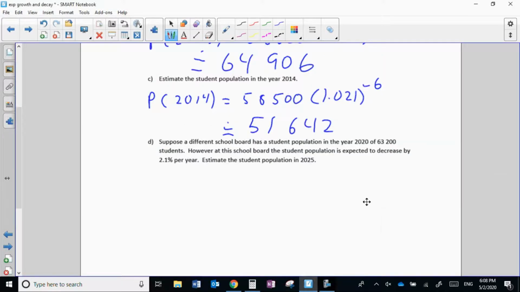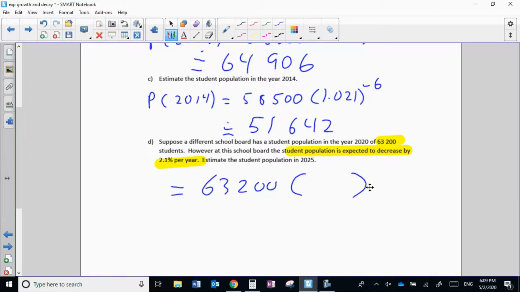Now suppose we have a different school board with an initial population of 63,200, but this student population is going to decrease by 2.1% per year. So now we're talking exponential decay. So the equation in this case is our initial value, 63,200, but now we need a decay rate.